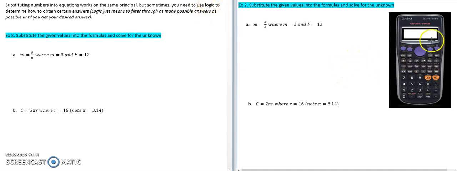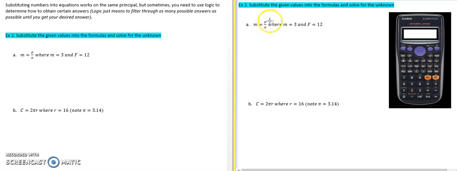Now on my right here I've got an image of the Casio scientific calculator, and I'll show you which buttons you will need to use, not necessarily for this example here, but for the next one. What we're going to do is substitute the given values into the formulas and solve for the unknown. So here we have a formula.